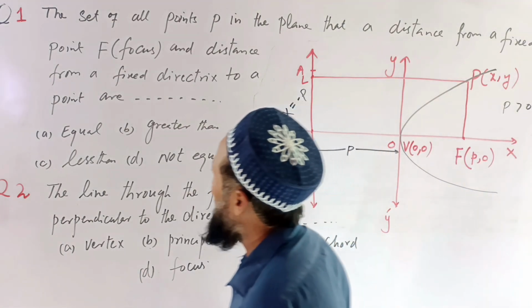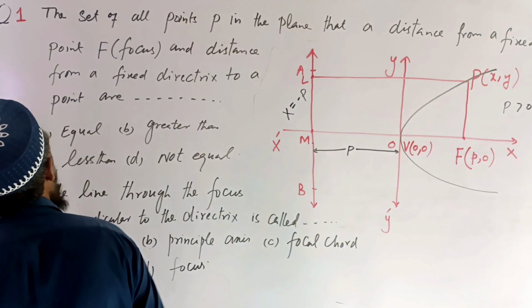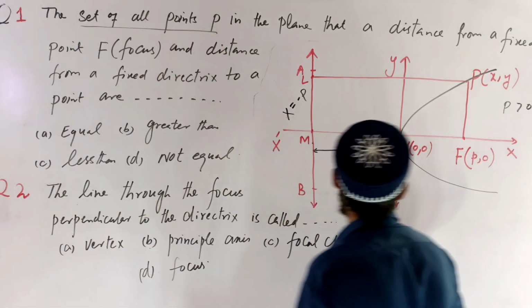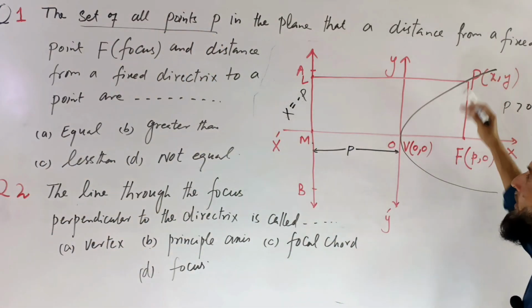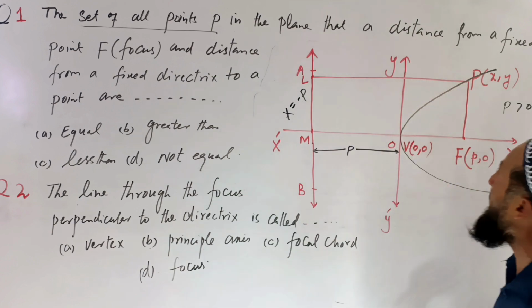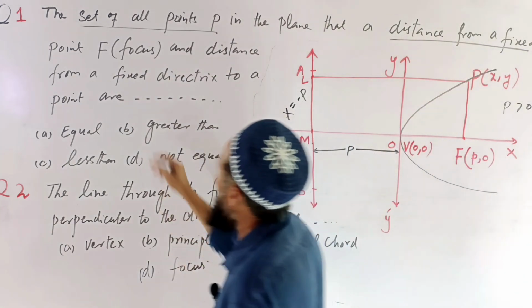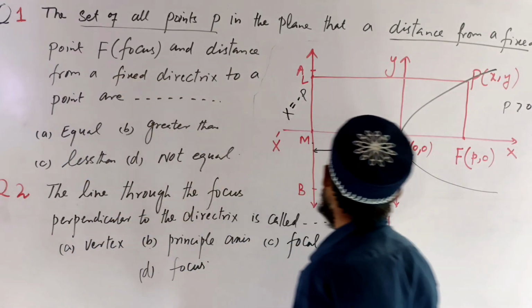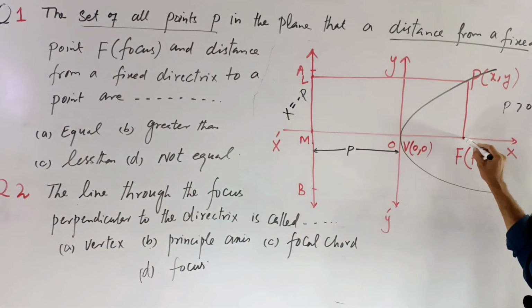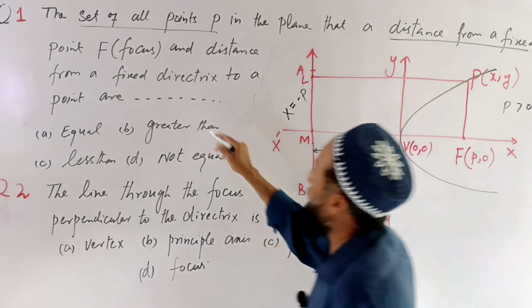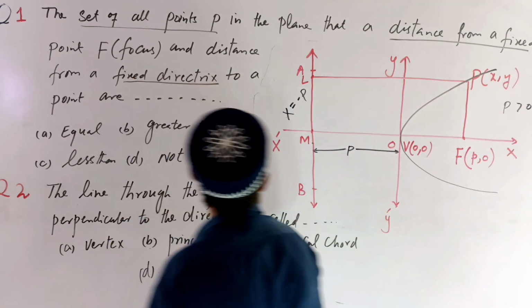Question number 1. The set of all points means P is any point lying in the xy plane, at a distance from a fixed point F, the focus, and the distance from the fixed directrix line.